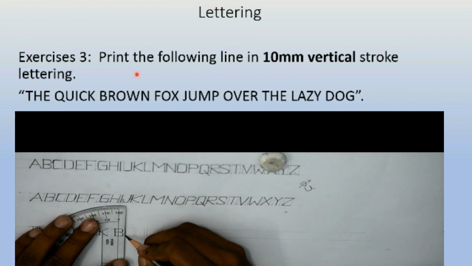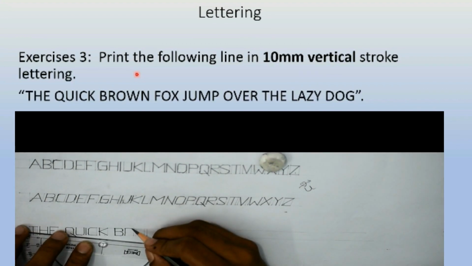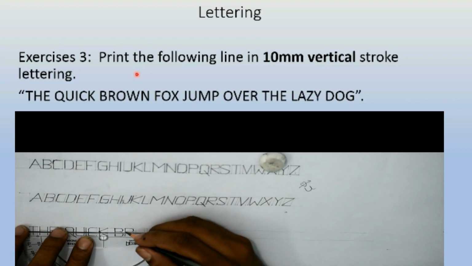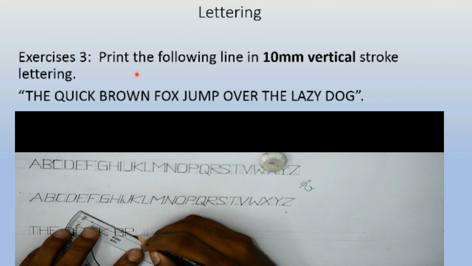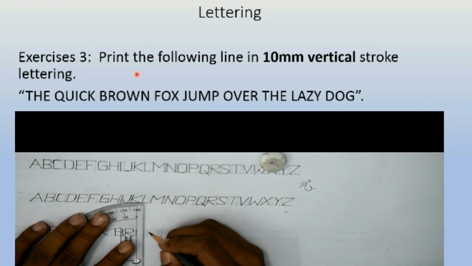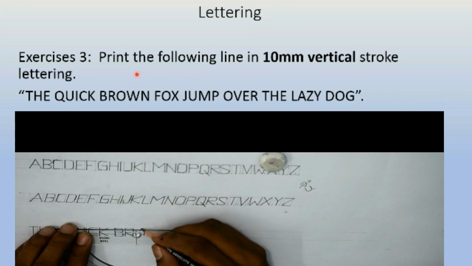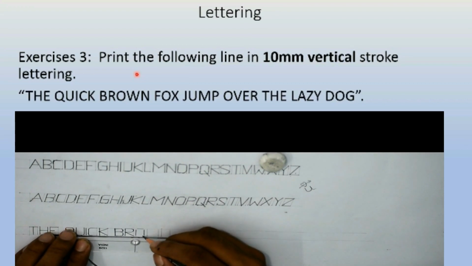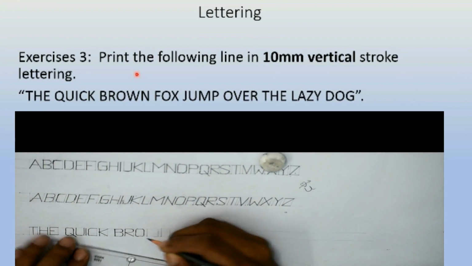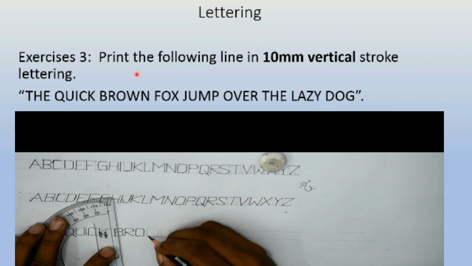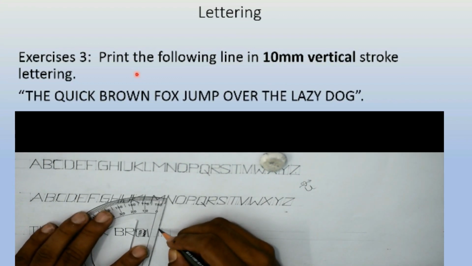B, R, O. For W, leave some gap here and here, and join these ends.